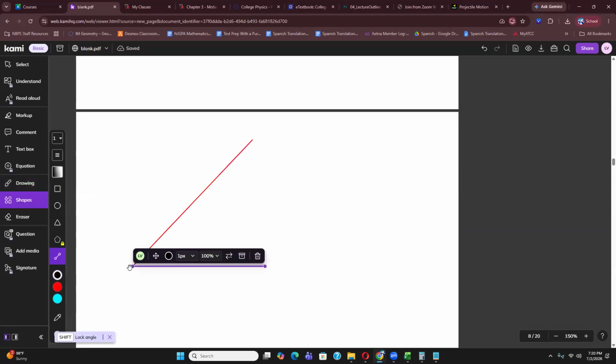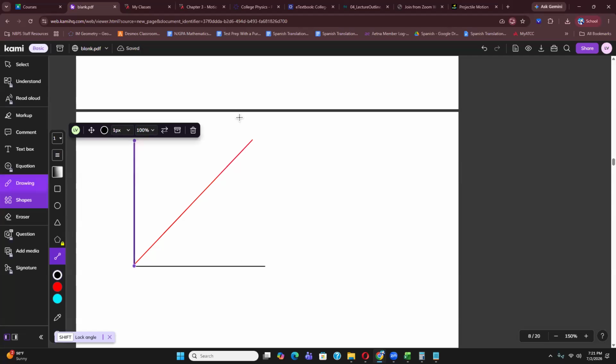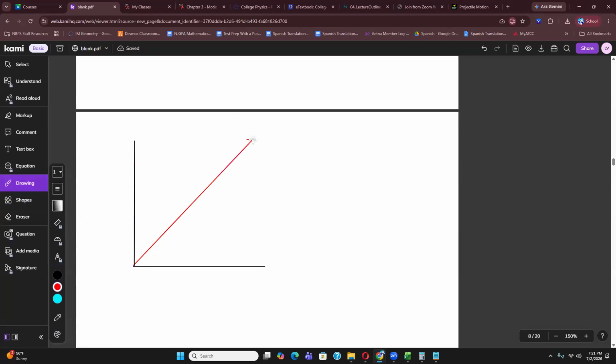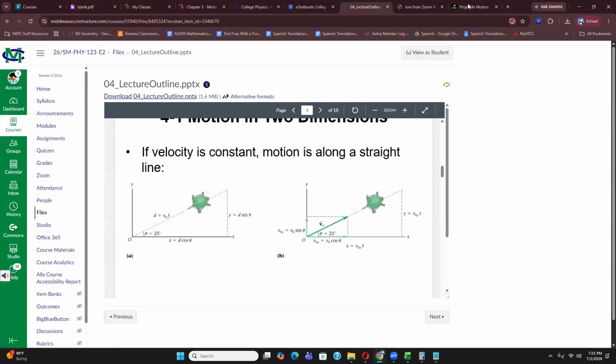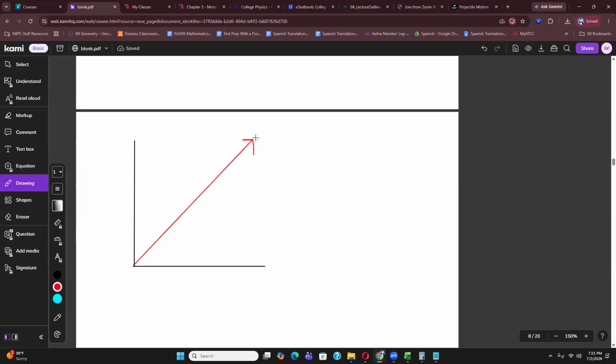Okay. So you may have a velocity of, let's just give it 40 meters per second at an angle of 45 degrees. Yeah, 45 degrees. Let's start with 45.